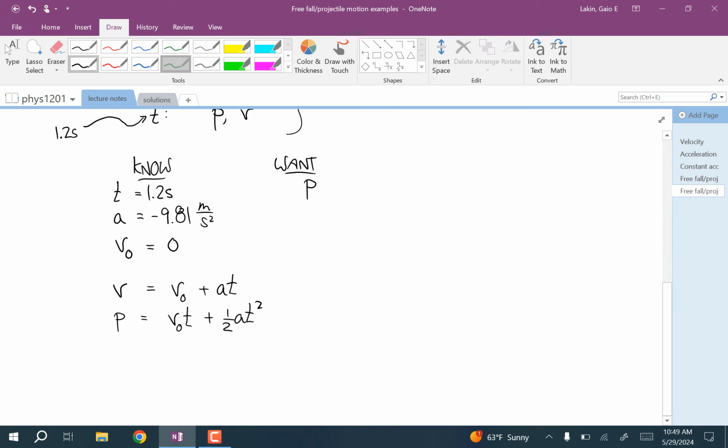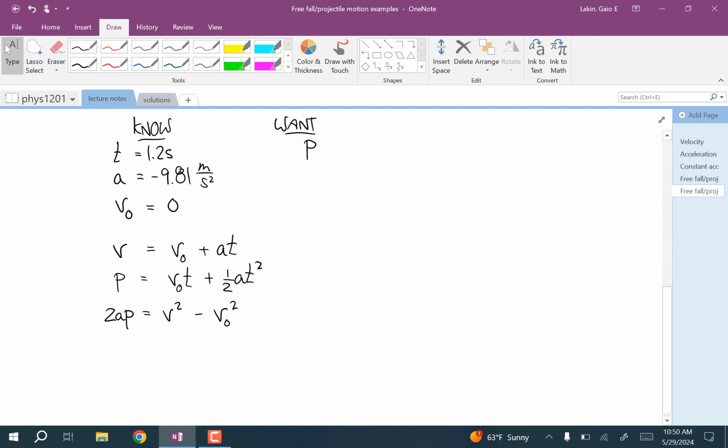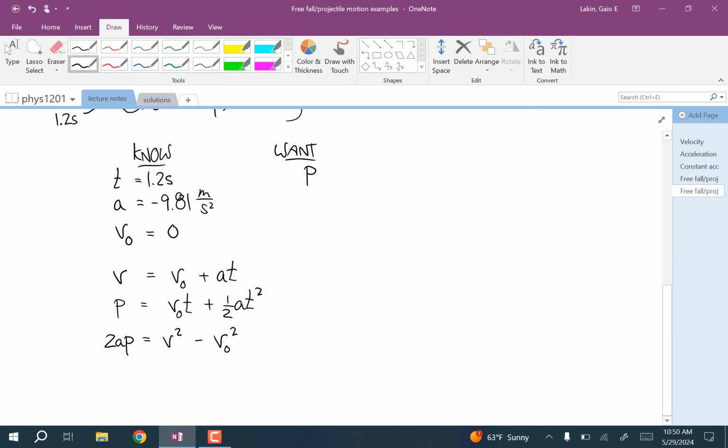And the third one says 2ap is equal to v squared minus v0 squared. I'm going to copy this and just paste it in each one of these problems. Okay, so is there one of these three equations that works for solving for p, given what we know?